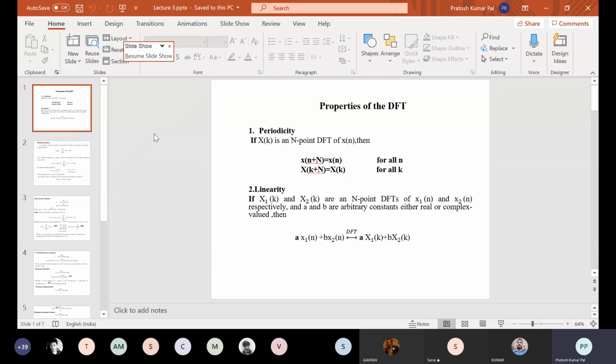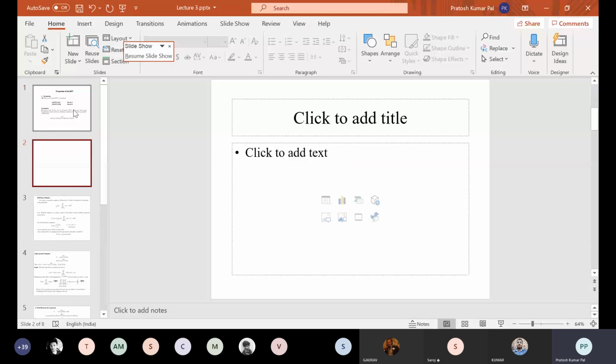Up to here we have taken DFT calculation by using the mathematical expression and by using the matrix method. So we will take some examples, like some homework for you. Just go through this and note it down.